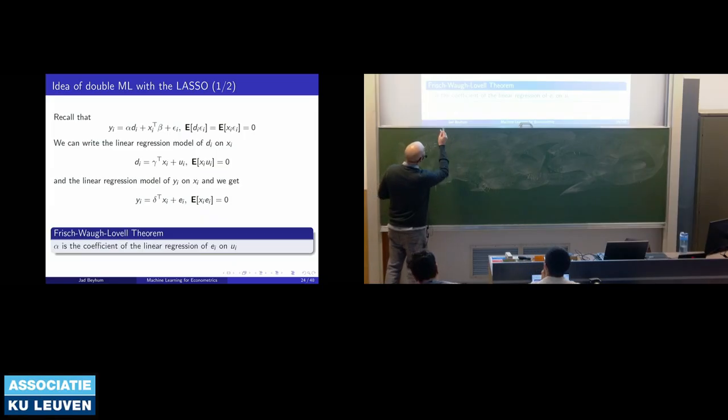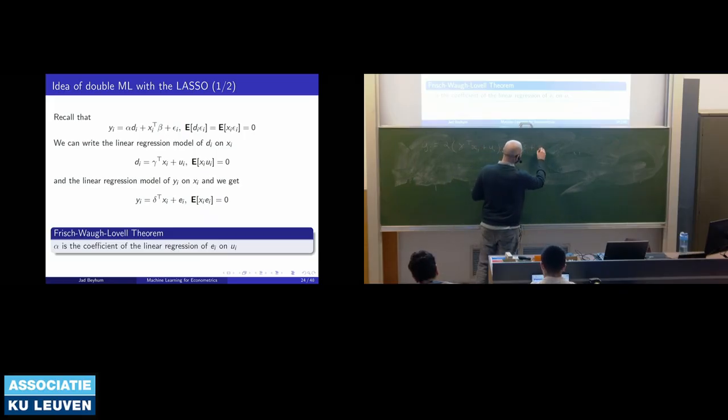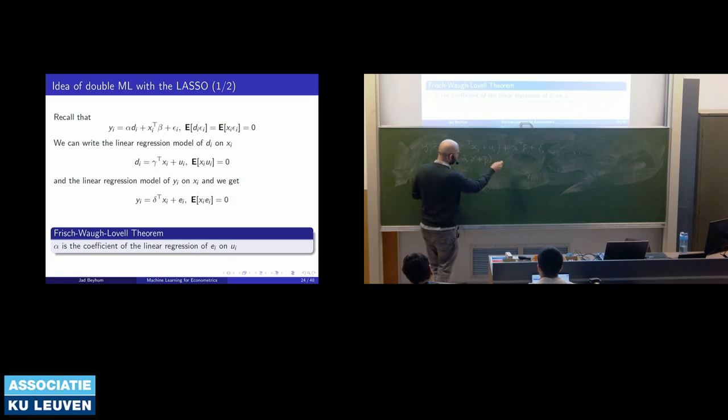If I plug in the second model in the first model, replacing D_i by its value in the second model, and rewrite things, I get X_i' (alpha gamma + beta) + alpha U_i + epsilon_i.